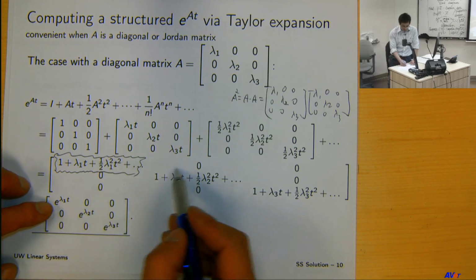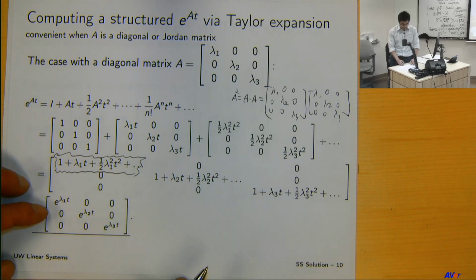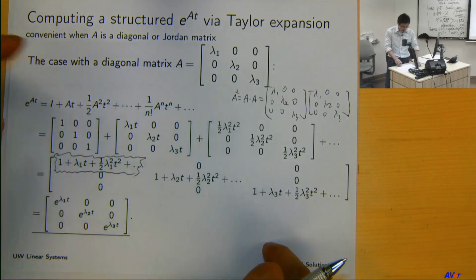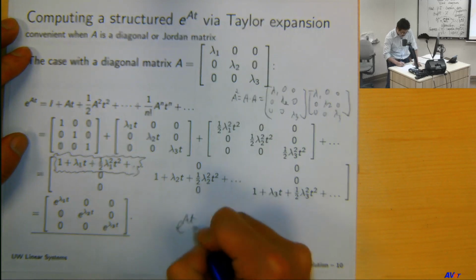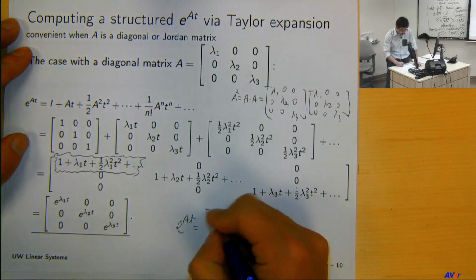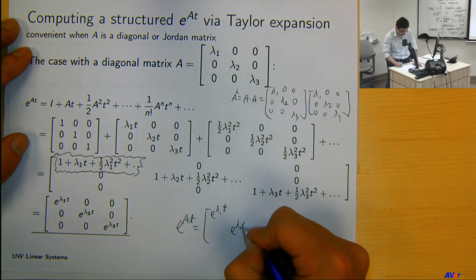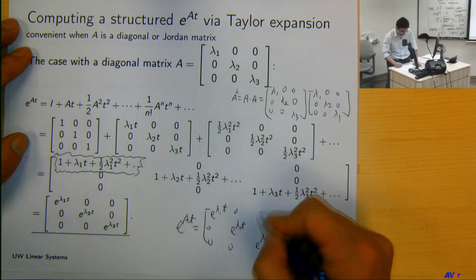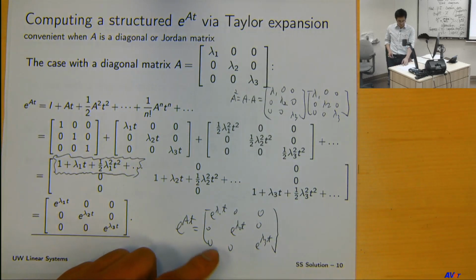So that's e to the lambda 1t, e to the lambda 2t, and e to the lambda 3t. The important message here is that if A is diagonal, then the computation is very easy. It's just taking the exponential function of the diagonal elements.